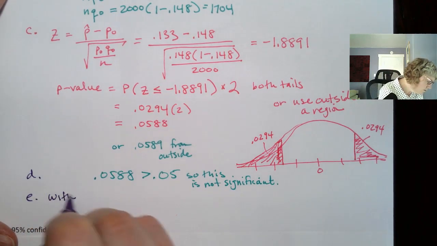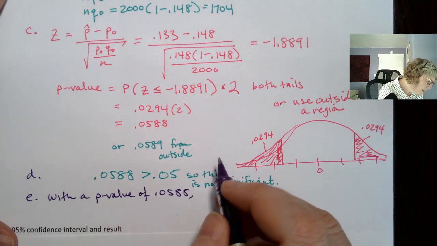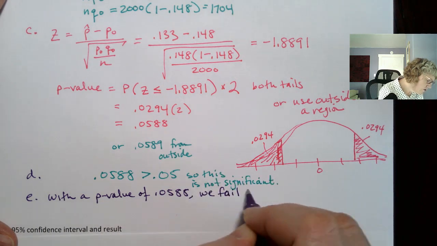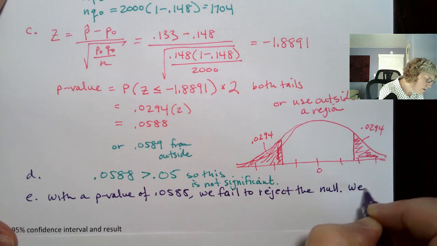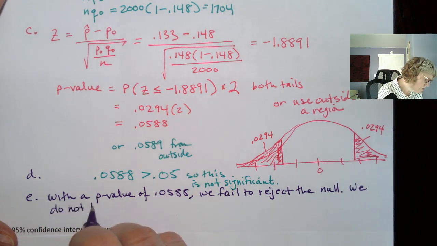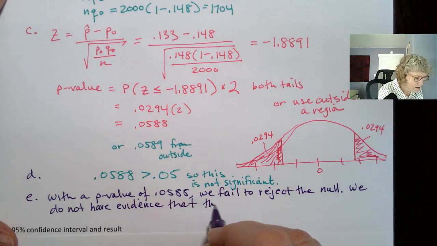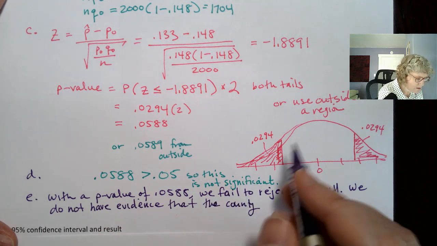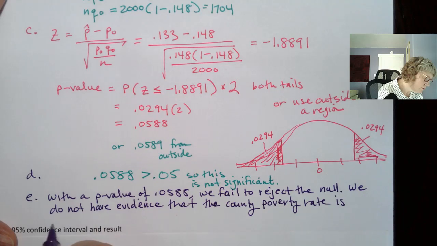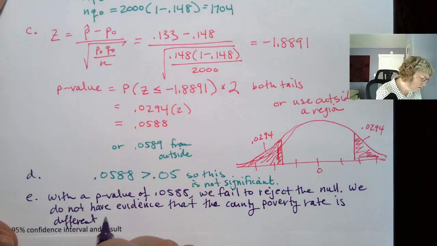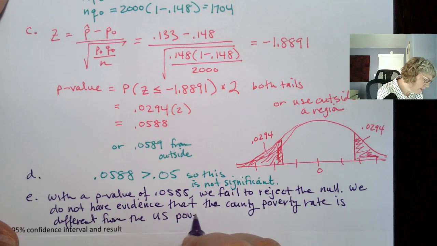So with a p-value of 0.0588, we fail to reject the null, and we do not have evidence that the county poverty rate is different, or significantly different, from the U.S. poverty rate.